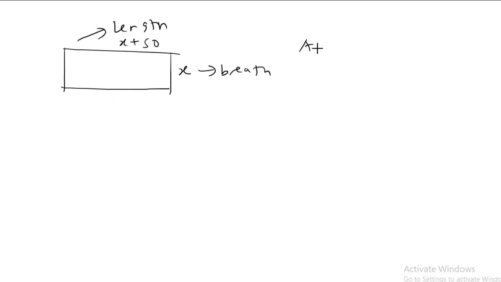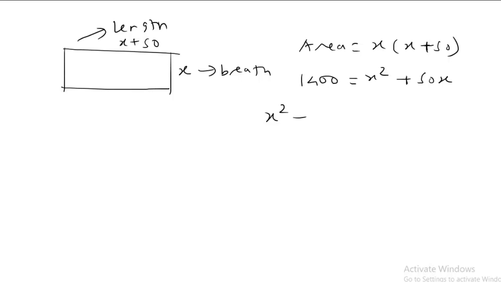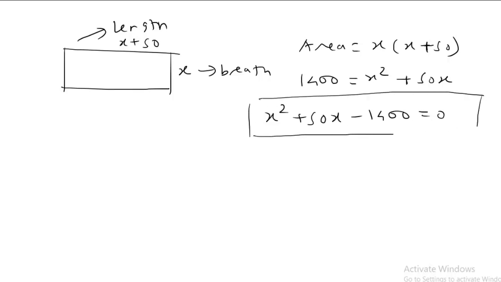So area will be x into (x plus 50). Its value is given as 1400 centimeter square. So it is x square plus 50x, and the quadratic equation will be formed as x square plus 50x minus 1400 is equal to 0. If you solve it by any method, you will get the same answers, that is x is equal to 20 and x is equal to 70 centimeter.